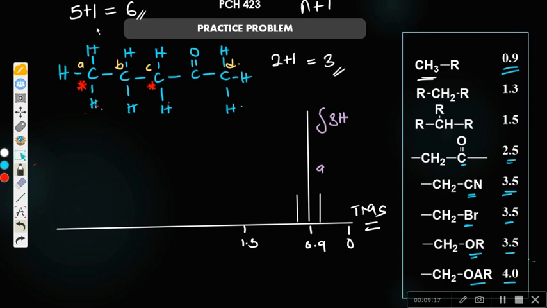Are you getting it? Now for a sextet, what you actually have is something like this. You are going to have 6 of these lines, right? 2 will be of equal height. From Pascal triangle, we've actually looked at this. 2 will be of equal height, and then the other 2 will be of equal height, and then you are going to have the last one like this.